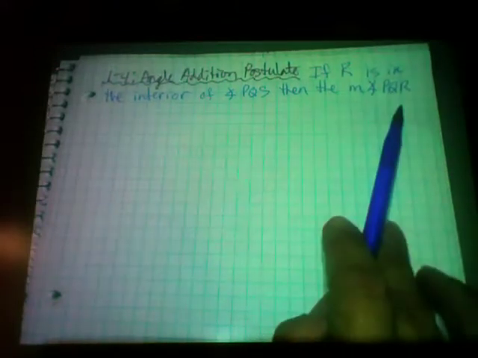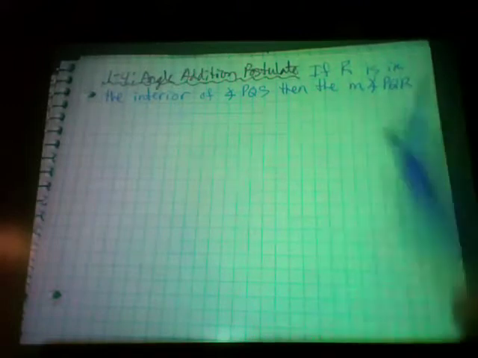So then the measure of angle PQR plus the measure of angle RQS is equal to the measure of angle PQS.